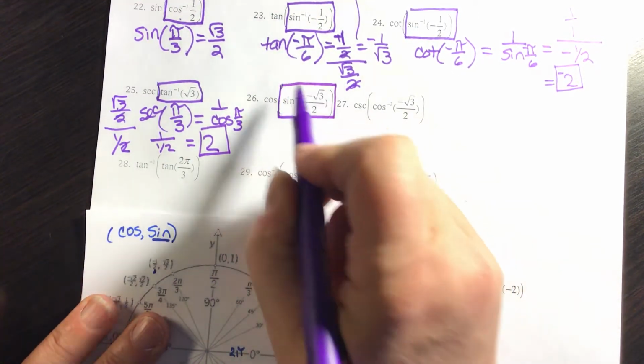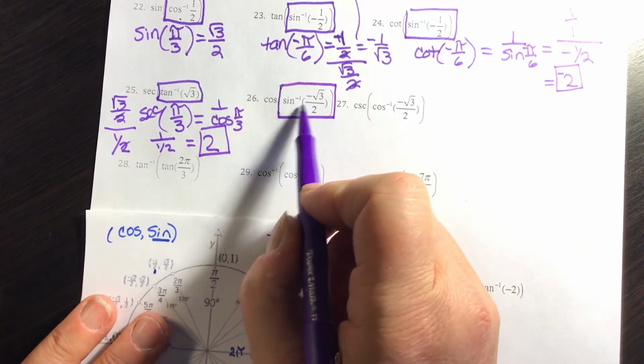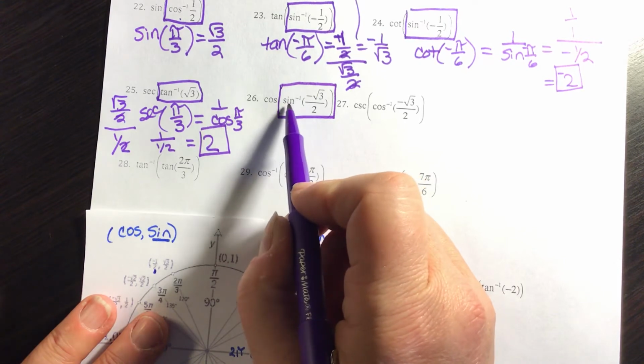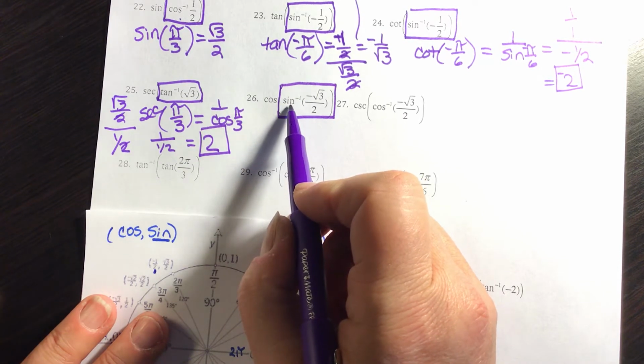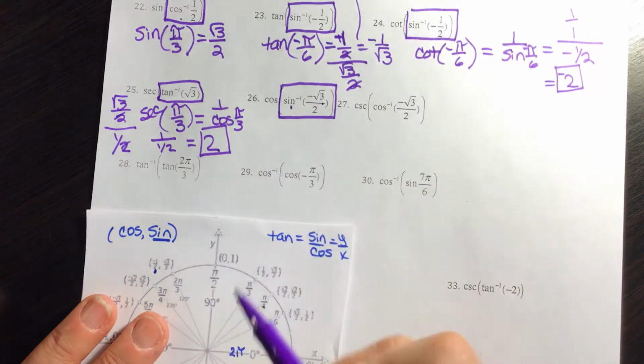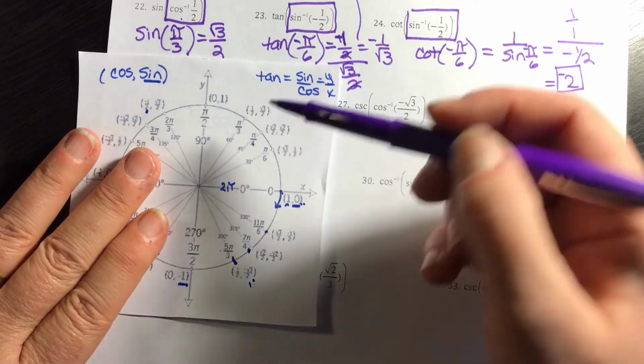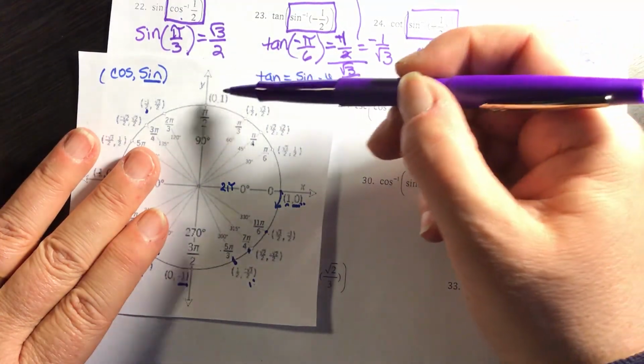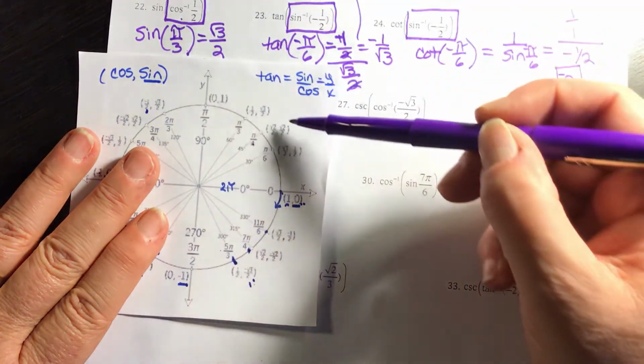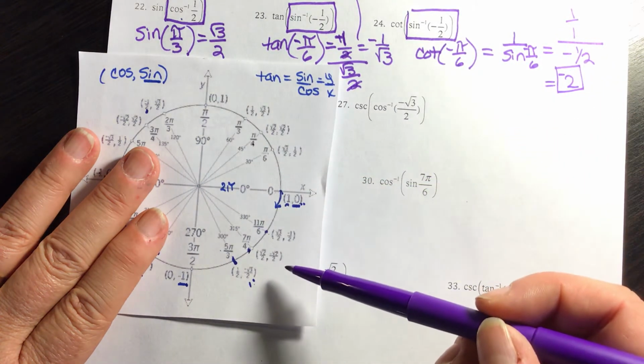Okay, I'm looking for an angle, and I know I'm looking for the angle measure because that's what the inverse sine asks us. What angle has a sine of negative square root of 3 over 2? It's the y coordinate, and it has to be in quadrants 1 or 4.